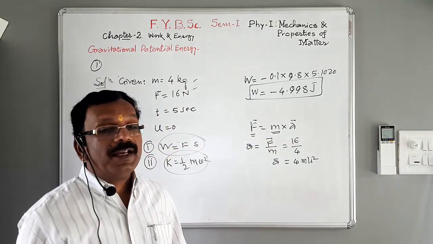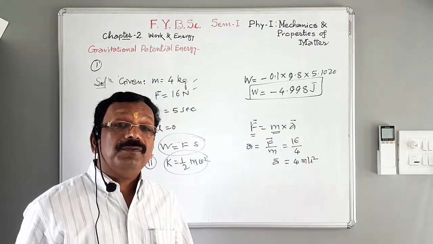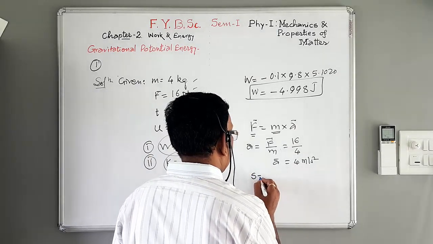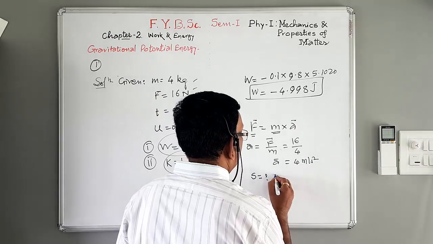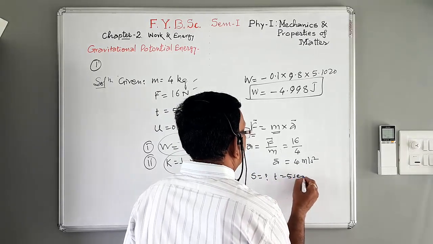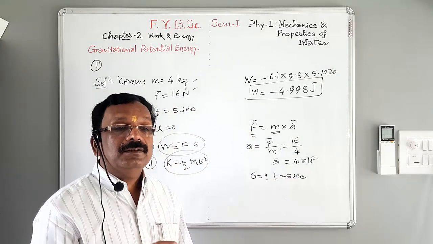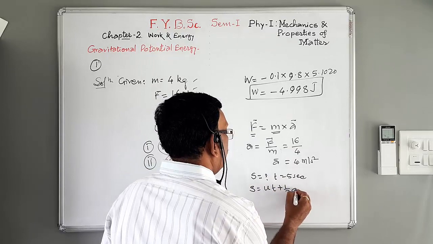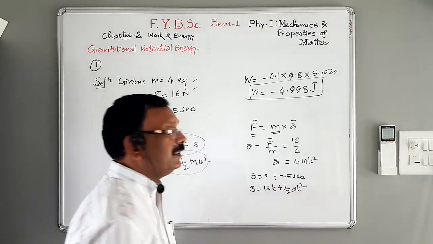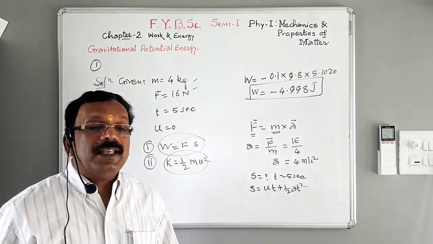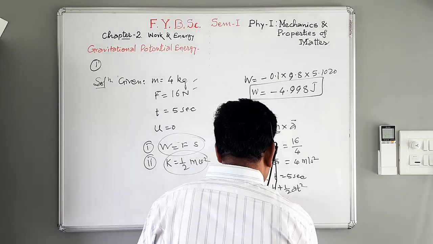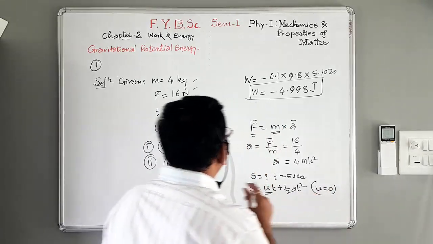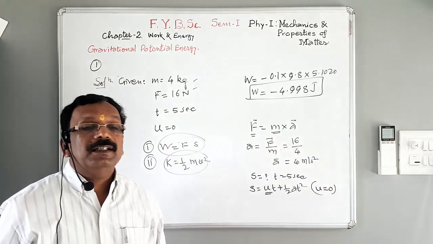Now, the distance covered by the body at the end of 5 seconds. We have to find S after 5 seconds. There is a formula, S is equal to ut plus 1/2 at square. This formula is also studied by you in 12th science. Here u is the initial velocity and its value is 0 because initially the body is at rest.